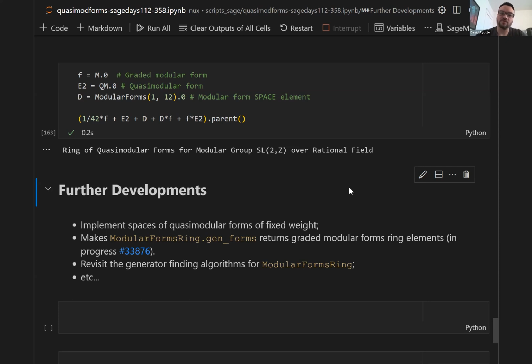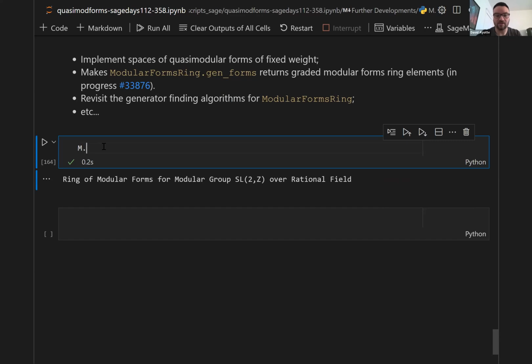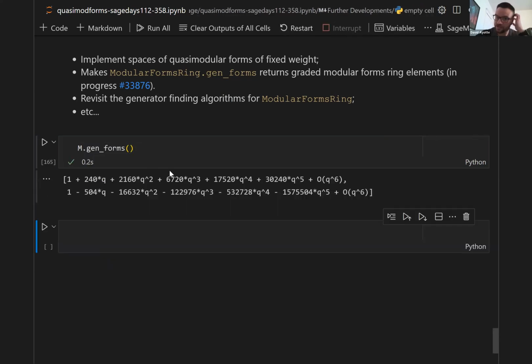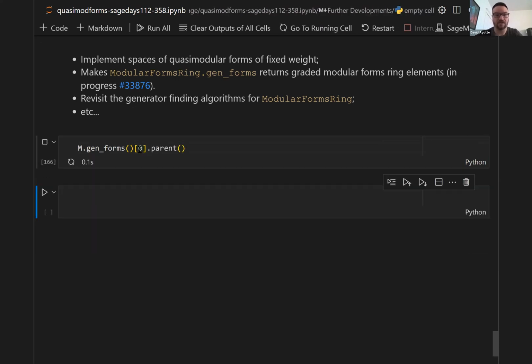Another point, which I'm currently working on, is to make the gens form method return graded modular form ring elements. Let me explain this. Here I have m dot gens form. This returns the generators of this space, but the elements returned here are not graded modular forms.